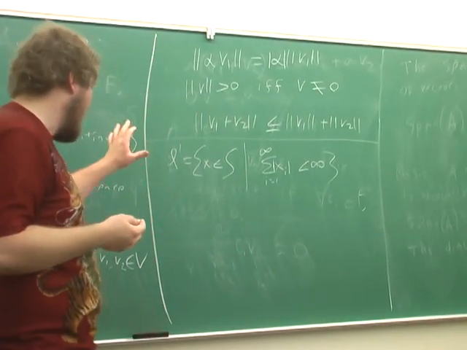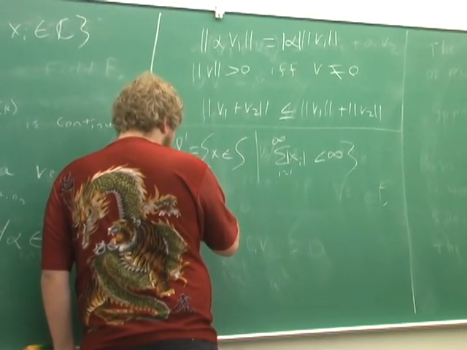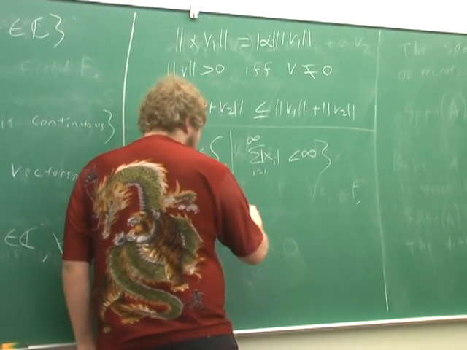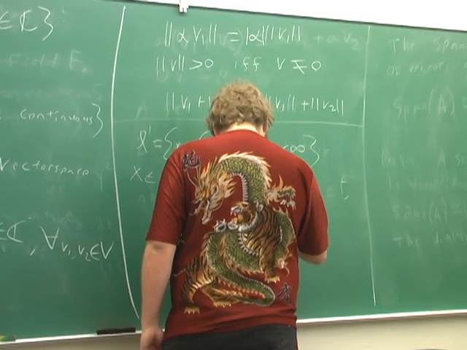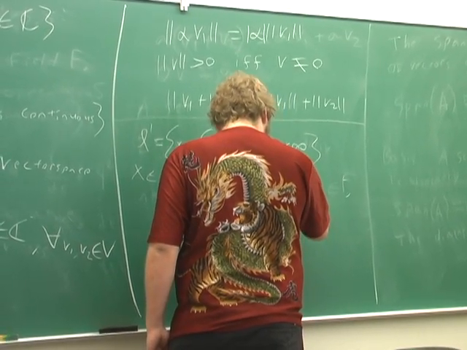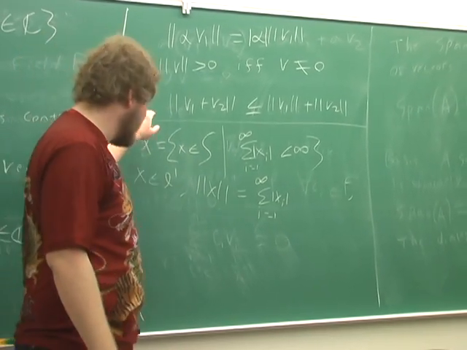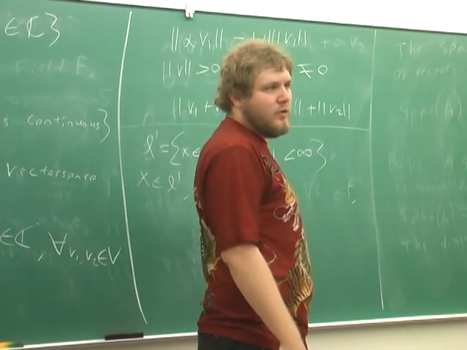And then a natural norm on this space is that if we have a vector from this space, its norm is the sum of the absolute values of the components. And we can be more general, and we can define LP spaces where we take pth powers, and then in the definition of the norm, a pth root.